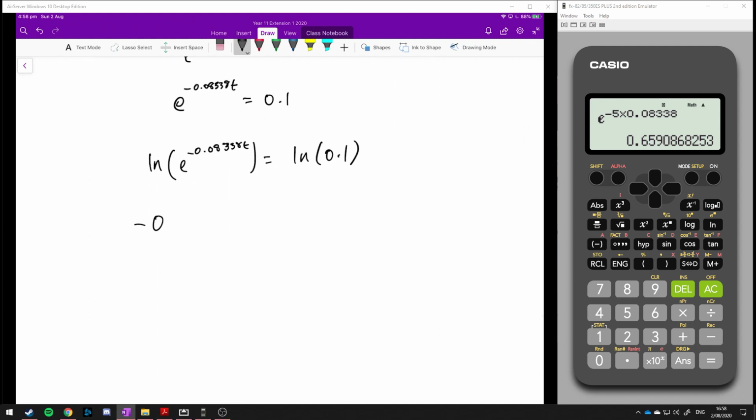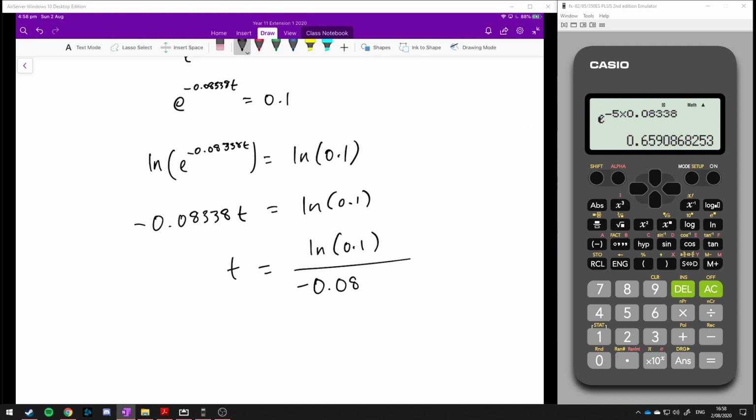So it's going to give us minus 0.08338t, which is equal to log of 0.1, which means that t is equal to the log of 0.1 over that disgusting number, 0.08338.